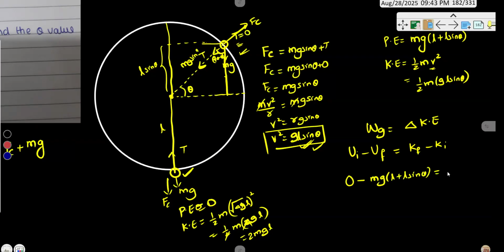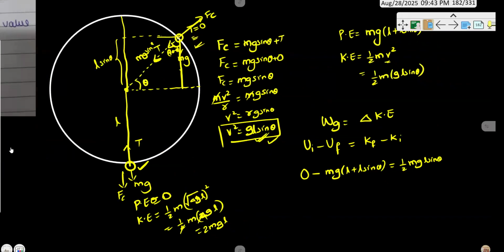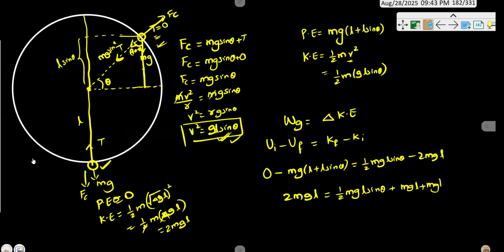Final kinetic energy is half mgl sine theta, minus the initial kinetic energy, which is 2mgl. I'll bring this 2mgl here and this mgl sine theta there. So 2mgl will be equal to half mgl sine theta plus mgl plus mgl sine theta.